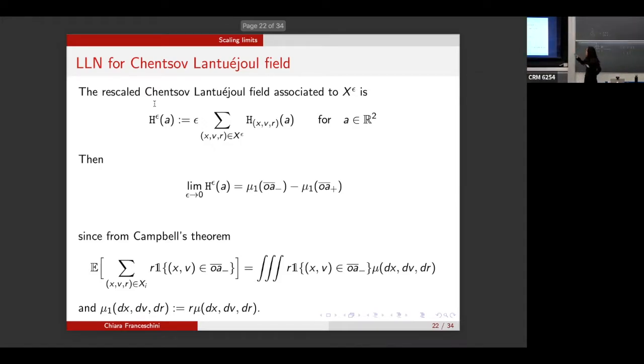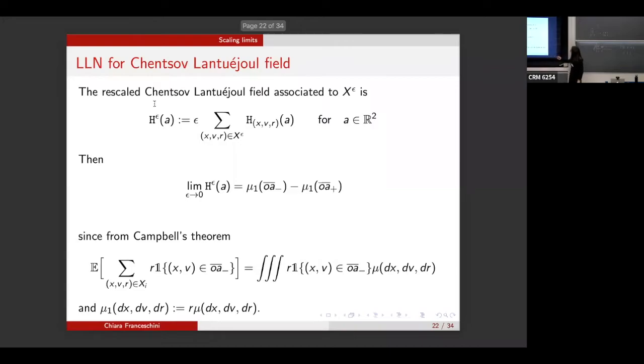The idea is that you can write your rescaled Poisson process X epsilon as the union of epsilon minus 1 independent Poisson processes, and then you basically use the law of large numbers for Poisson processes. Campbell's theorem gives you the expectation of the i-th object of this sum of epsilon minus 1 elements, which is precisely this triple integral of R times the indicator of the lines crossing the segment OA from left to right or right to left, I don't remember, times your mu.